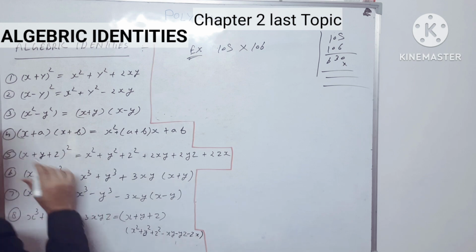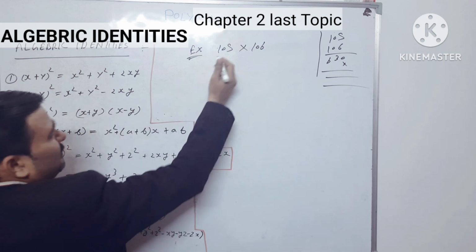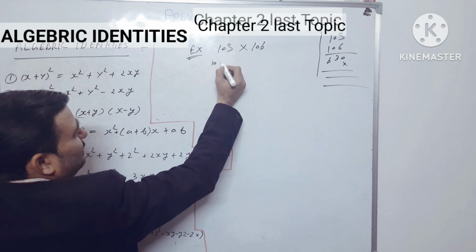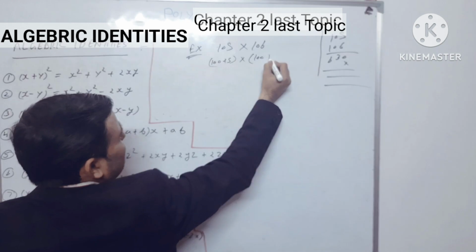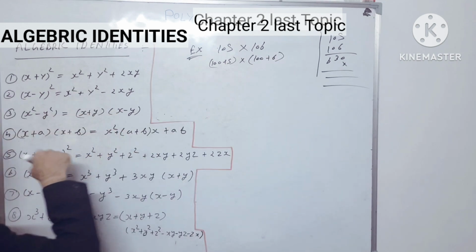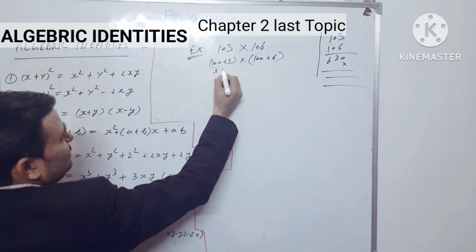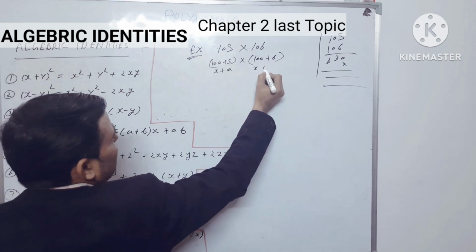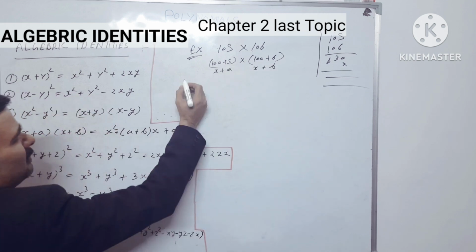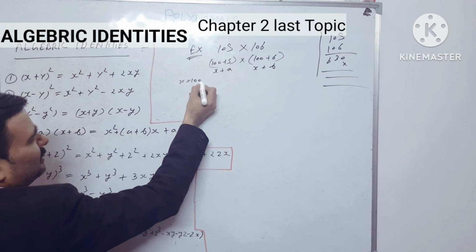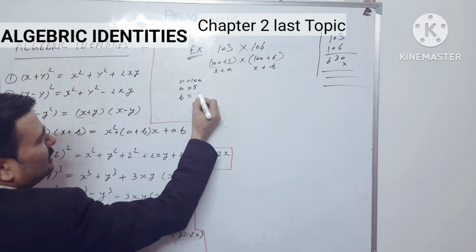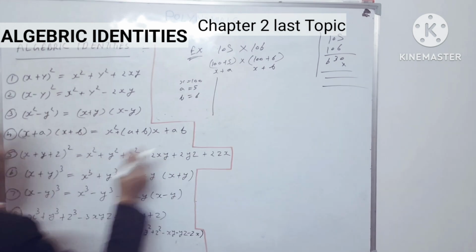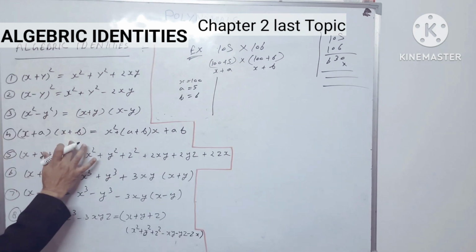Here you can see, we can write 105 as 100 plus 5 and 106 as 100 plus 6. So here we have (x plus a) and (x plus b). Now we will put x equal to 100, a equal to 5, and b equal to 6 in algebraic identity number 4.